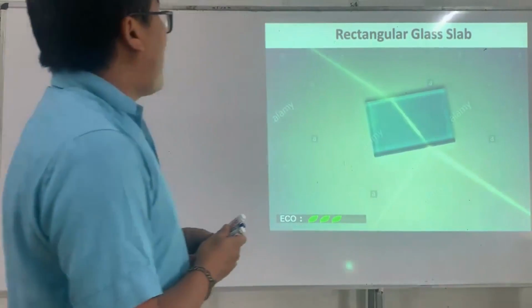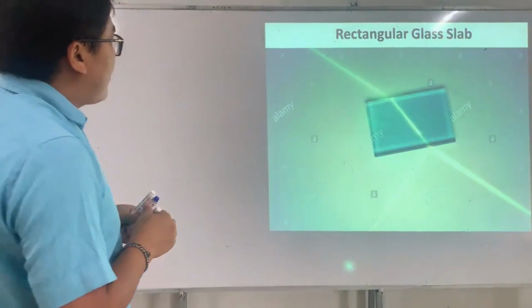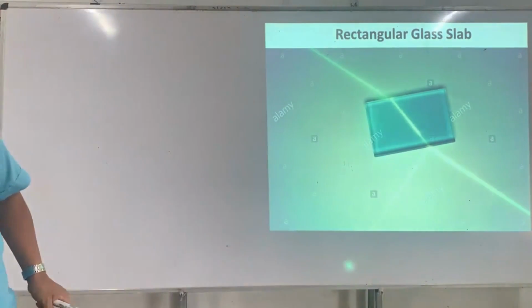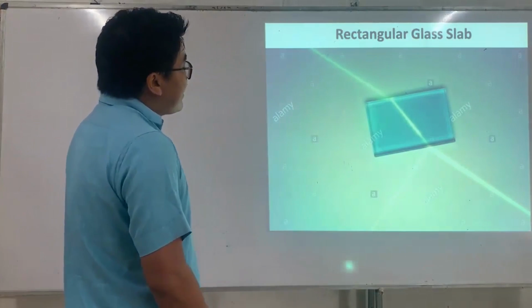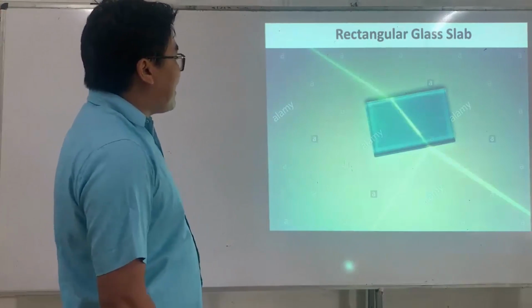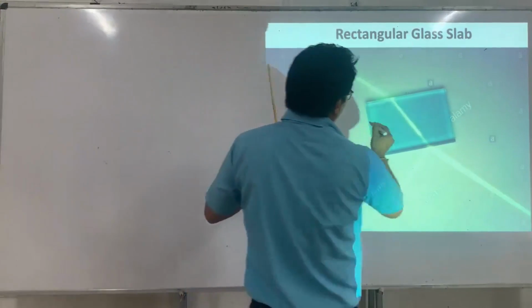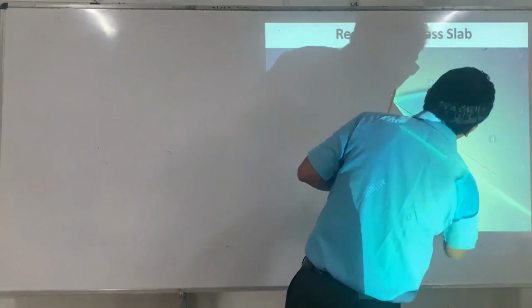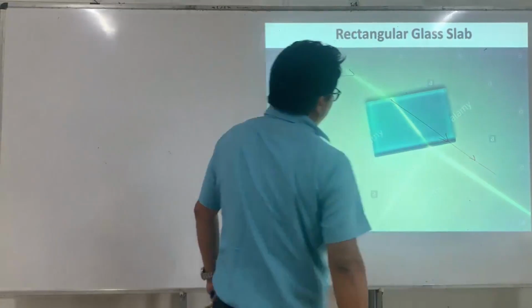So I have here a rectangular glass slab. Alright. So I have incident light. This is the incident light, and you see refraction taking place. Otherwise, if no refraction takes place, light has to travel like this.